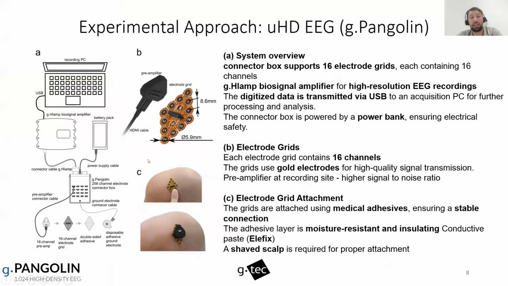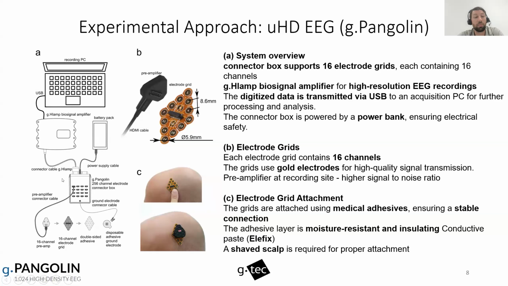And here's a schematic overview of how we integrate the system in our standard biosignal amplifier setup with a g.HIamp. The g.HIamp offers sampling of 256 channels with very high sampling rates, and we use this to interface our g.Pangolin grids.